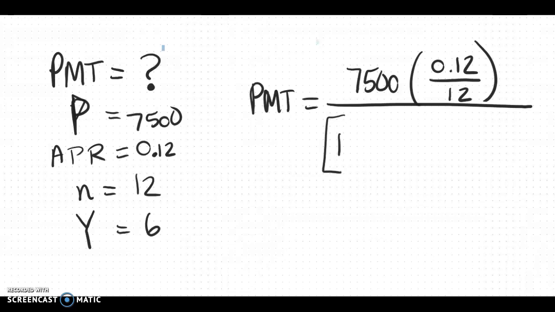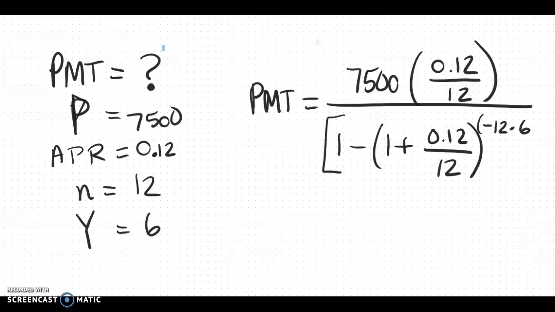And I'm going to say 1 minus, open parenthesis, 1 plus the APR divided by 12, and then raise that to the negative N times Y. And so this is my formula with everything plugged in.